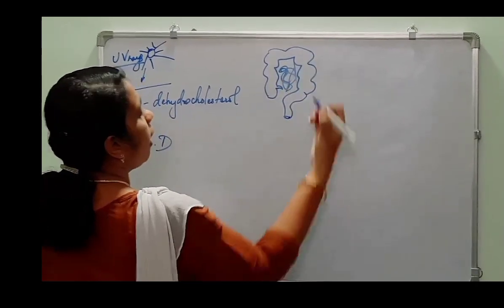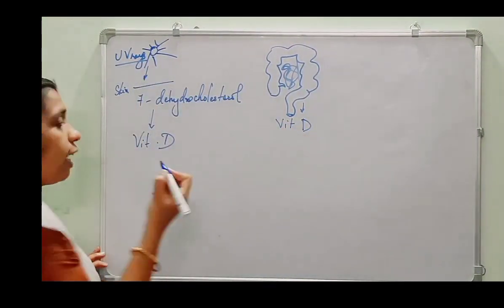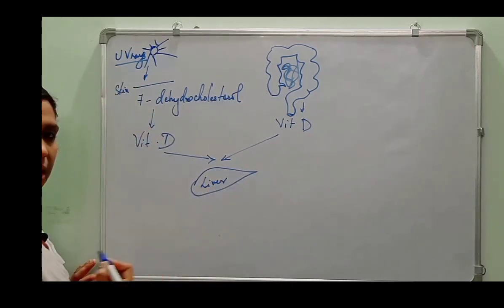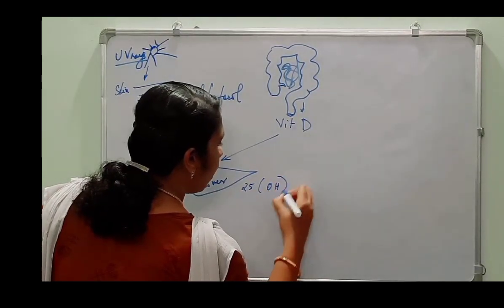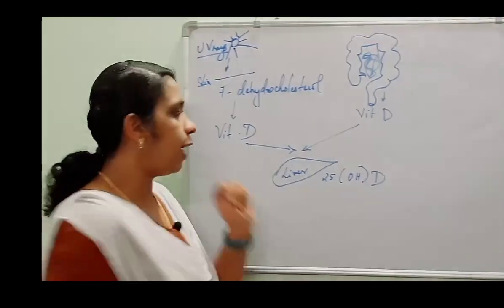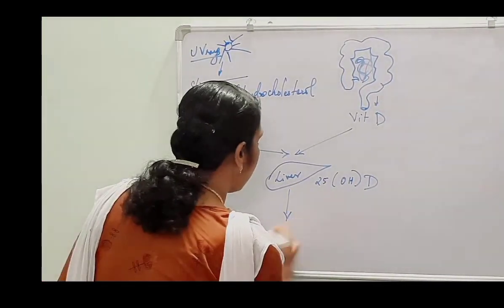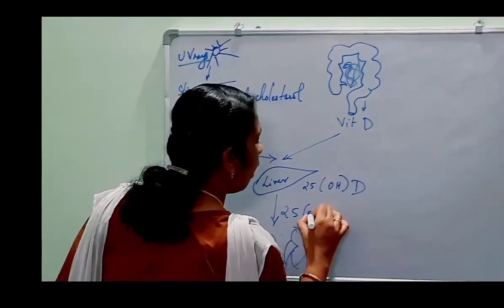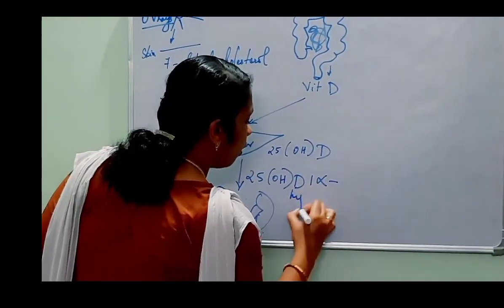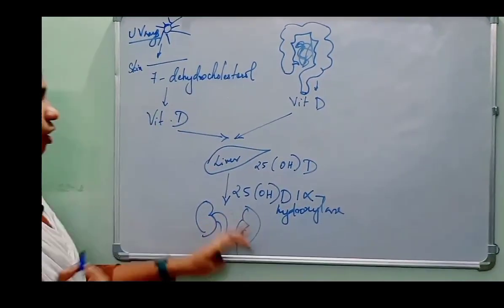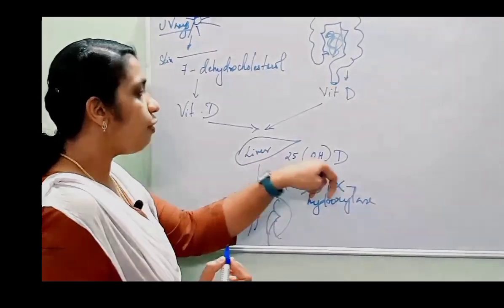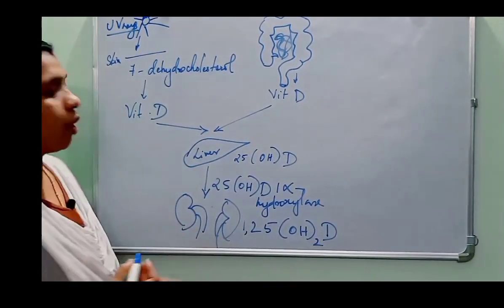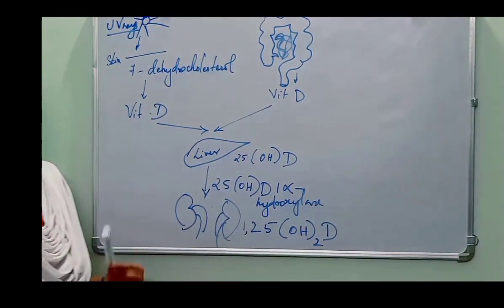This vitamin D is taken to the liver, where it is converted to 25 hydroxy vitamin D. Then this 25 hydroxy vitamin D is taken to the kidney, and in the presence of an enzyme known as 25 hydroxy D 1 alpha hydroxylase, it is converted to 1,25 dihydroxy vitamin D.